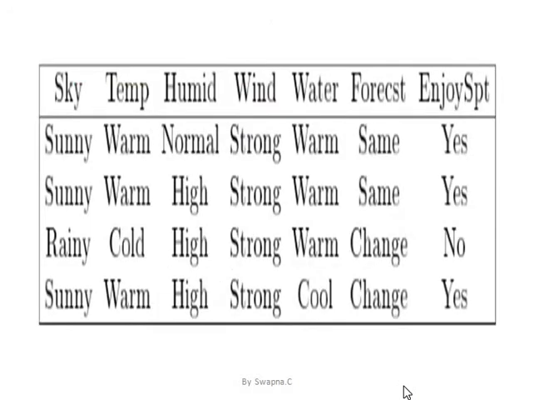These are the training examples that give that output. Here I am giving 4 instances with 6 attributes and 1 target concept. In this, a target concept value of yes is considered a positive training example, and a target concept value of no is considered a negative training example.